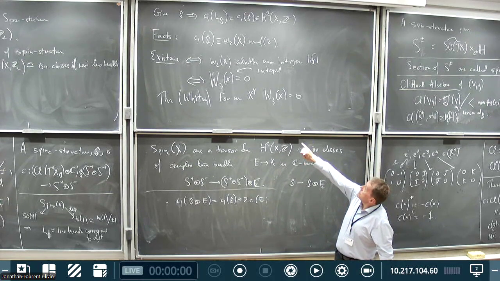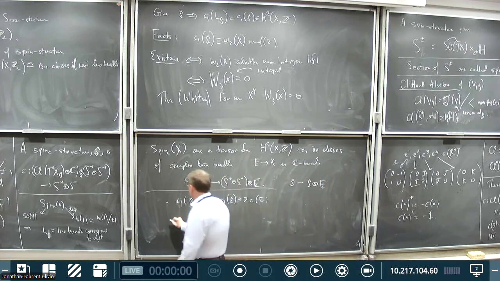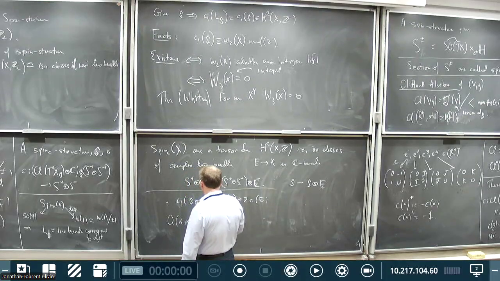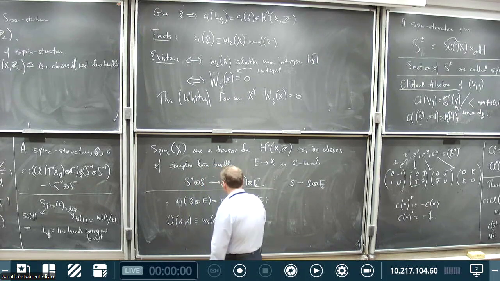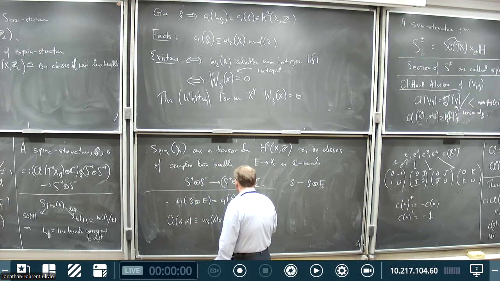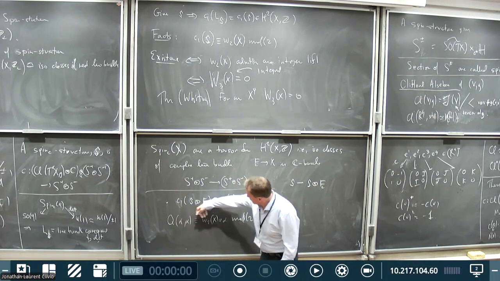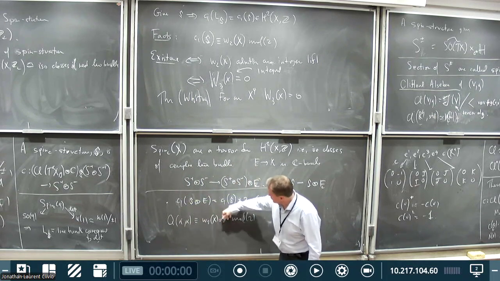An integer vector. W2 has this property that if I square a class and reduce it mod 2, it's W2 mod 2.